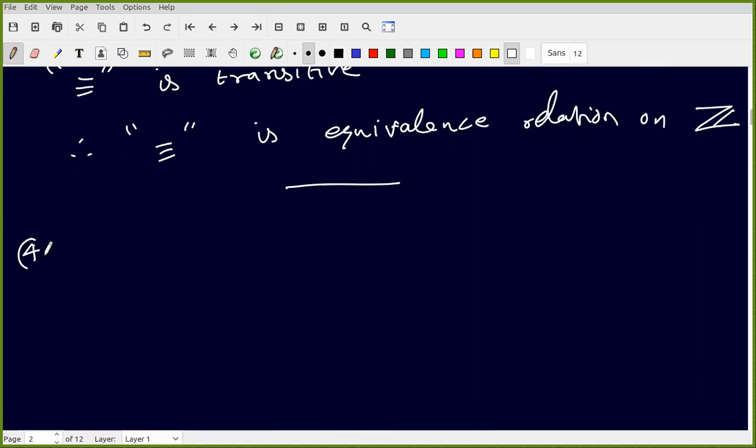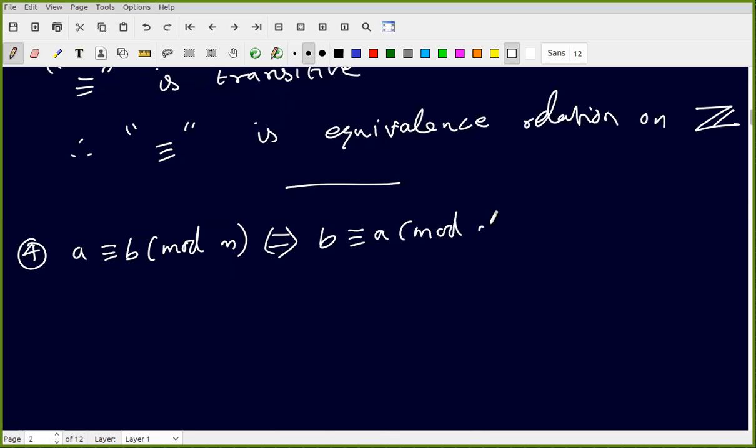Fourth property: a is congruent to b modulo m, which is written as b congruent to a modulo m. That is the symmetric property, and this is the same as a minus b congruent to 0 modulo m.